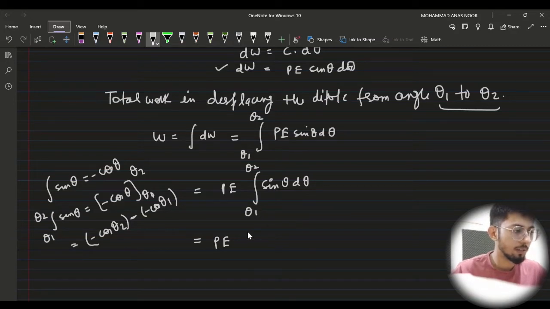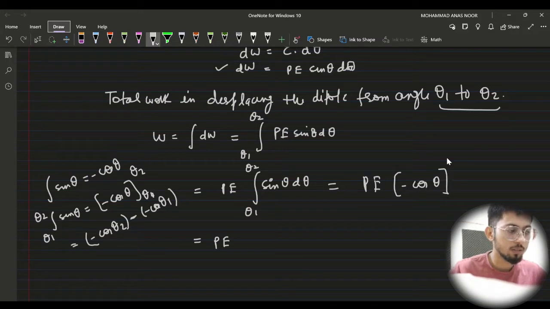So from theta 1 to theta 2, the answer would be PE times minus cos theta from theta 2 to theta 1, and if you solve this, you will get PE (cos theta 1 minus cos theta 2).